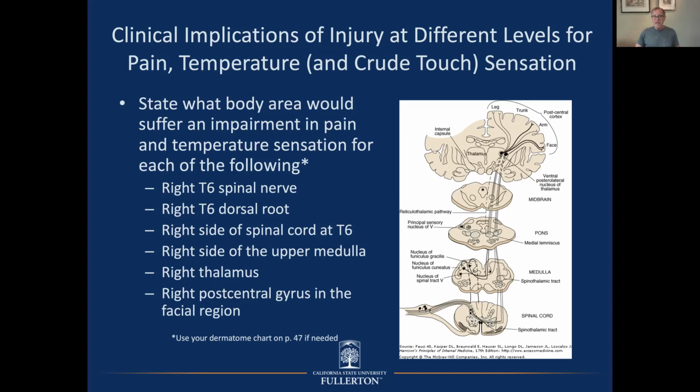So hopefully that makes sense. Work with it until it does, because it's just really key to understanding the relationship between area of damage, or what I'm calling lesions, and the areas of functional losses, or signs and symptoms.